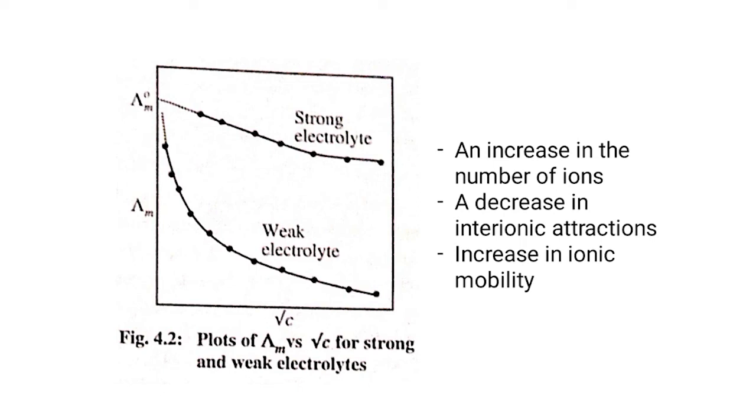So, as dilution increases, the interionic attraction decreases, and this causes an increase in the velocity as well as the conducting capability of the ions, and this contributes to an increase in molar conductivity. So on higher dilutions, the effect due to the greater ionization and reduced interionic attraction becomes so pronounced that the molar conductivity increases rapidly.